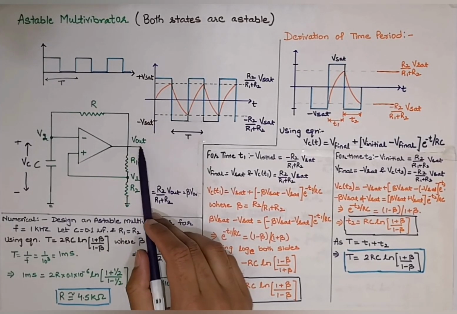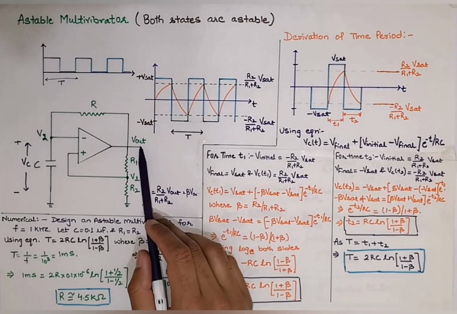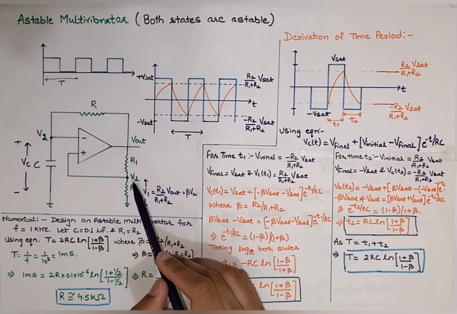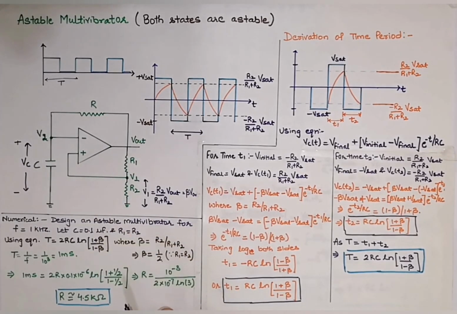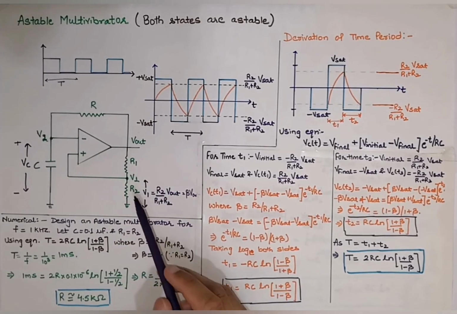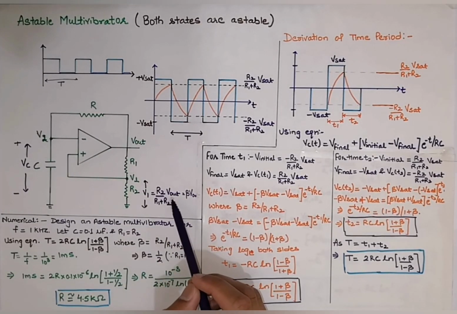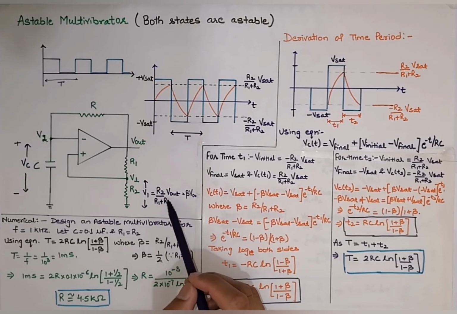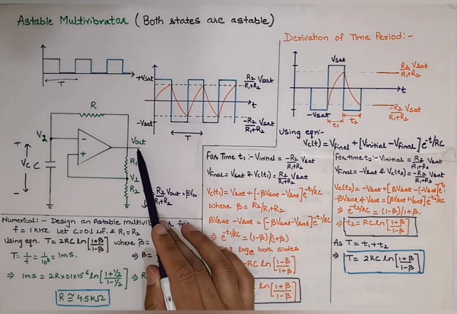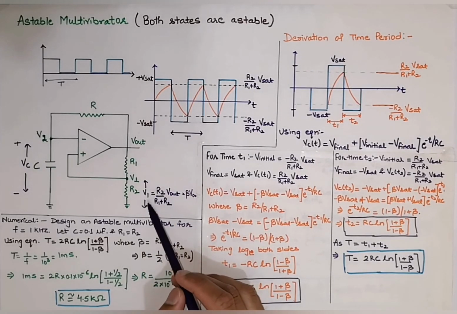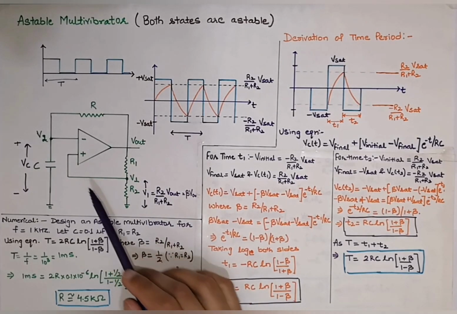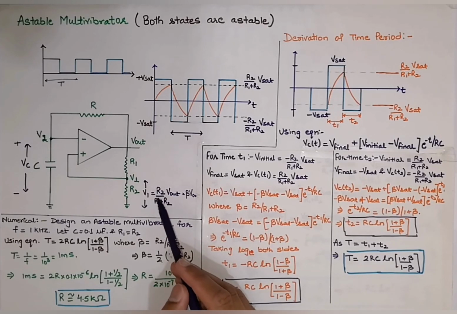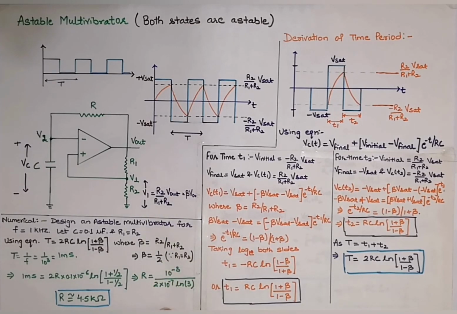And depending upon the positive and negative saturation voltages, we will get our feedback voltage V1. If the output is plus V saturation, then we get R2 upon R1 plus R2 of V saturation. If the output is minus V saturation, then we get the feedback voltage in negative, that is minus R2 upon R1 plus R2 of V saturation.